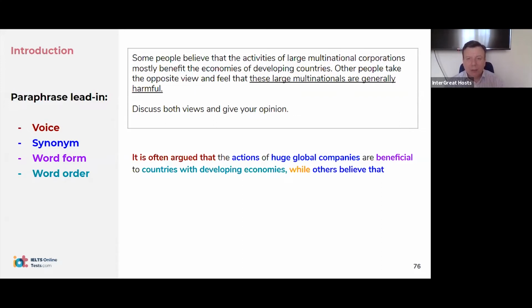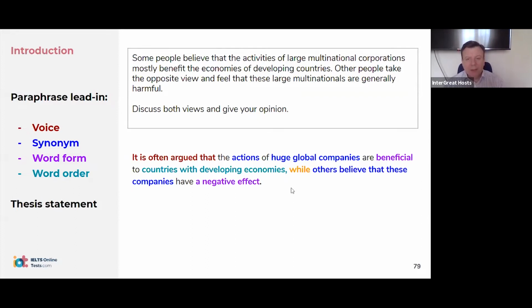These large multinationals, how are we going to rewrite that? Sean, okay, good. These companies, yeah, Twan, good. Have a negative effect, all right? So you can see through synonyms, we've changed the linking. It's often argued.